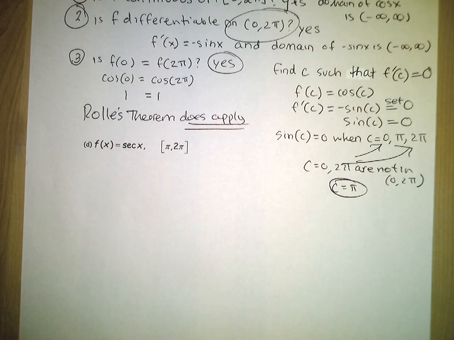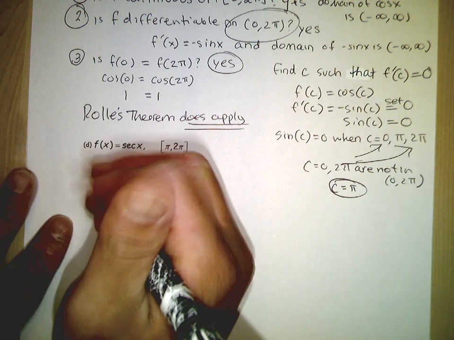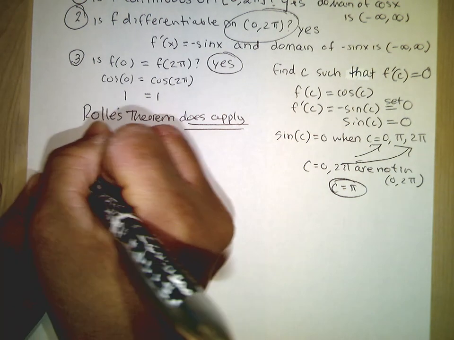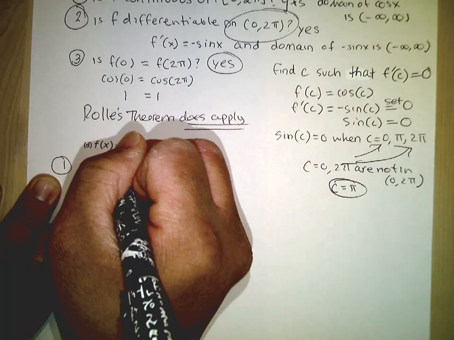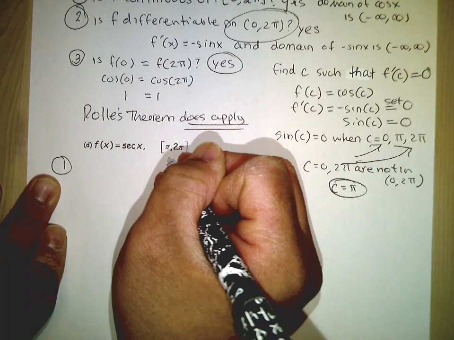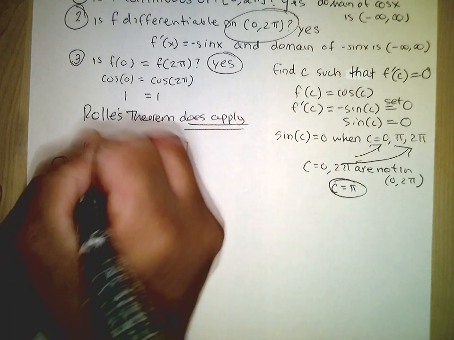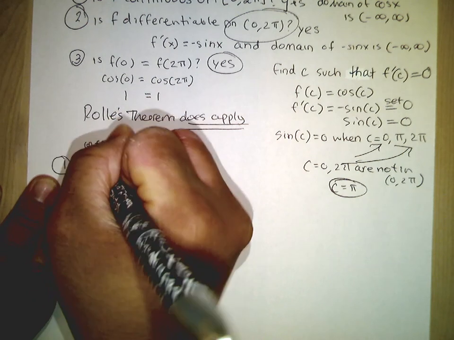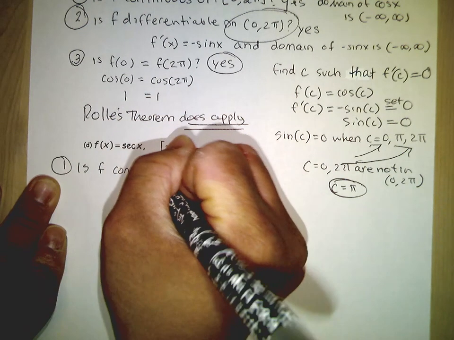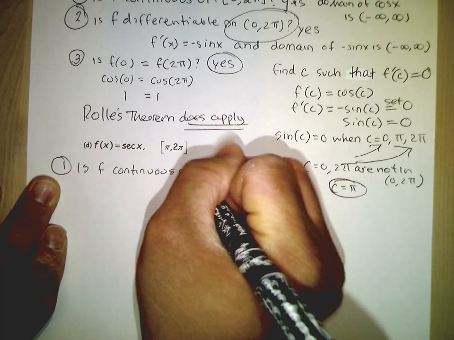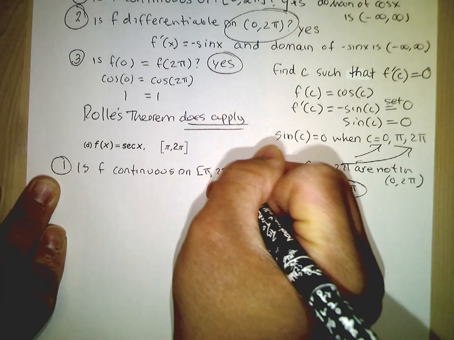So hopefully you are getting a sense of how to check these conditions here. So one more: f of x is secant of x on pi to 2 pi. So is f continuous on pi to 2 pi?